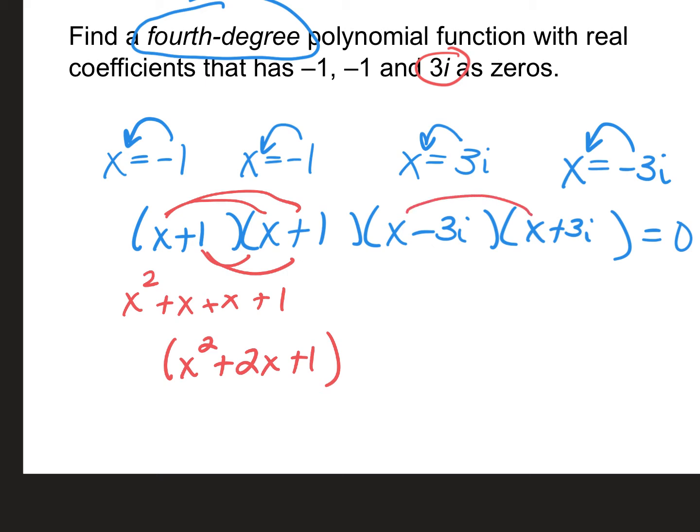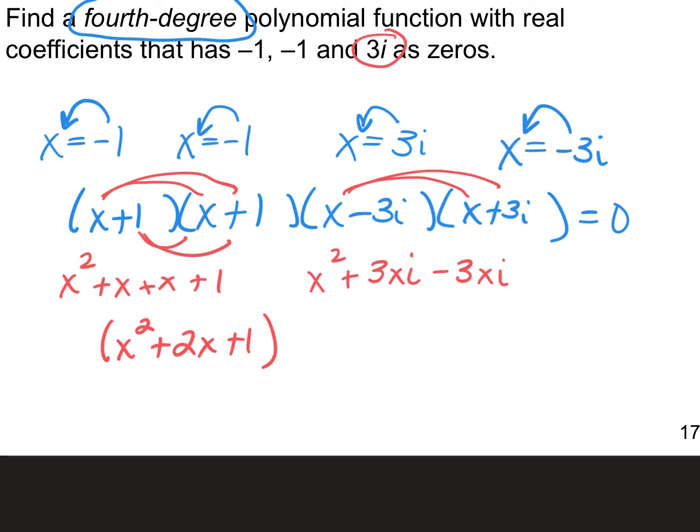So x times x is x squared. x times positive 3i, 3ix or 3xi. Okay. Then what's negative 3i times x? Minus 3ix or xi. And then negative 3i and positive 3i, minus 9i squared.